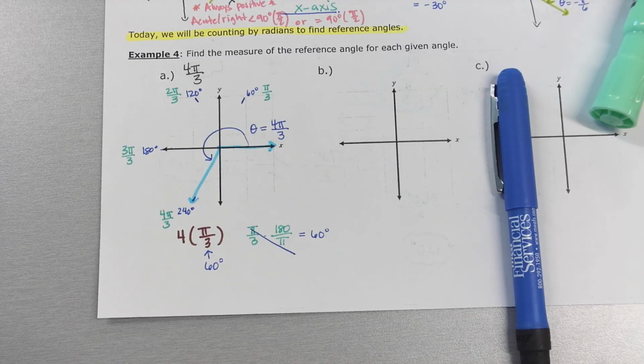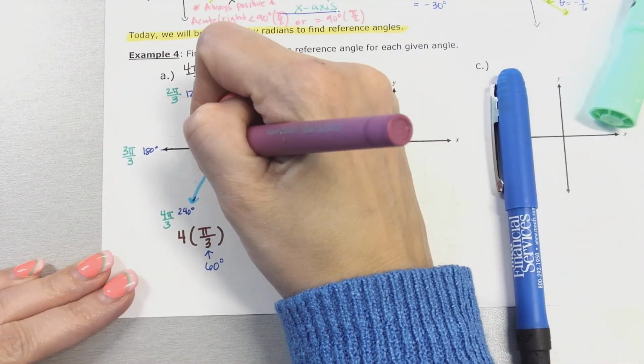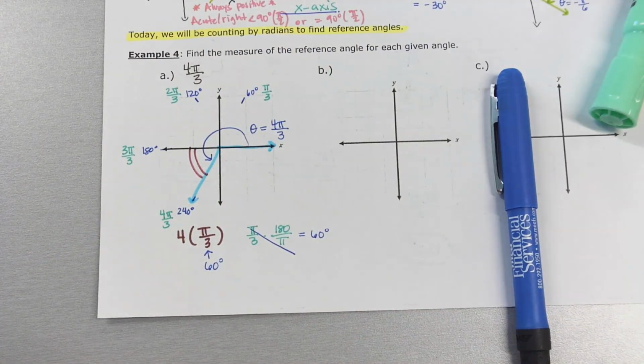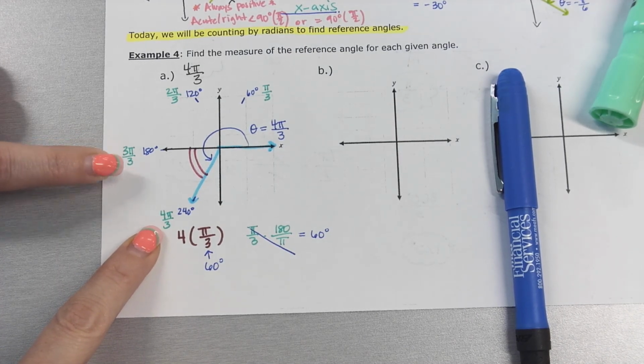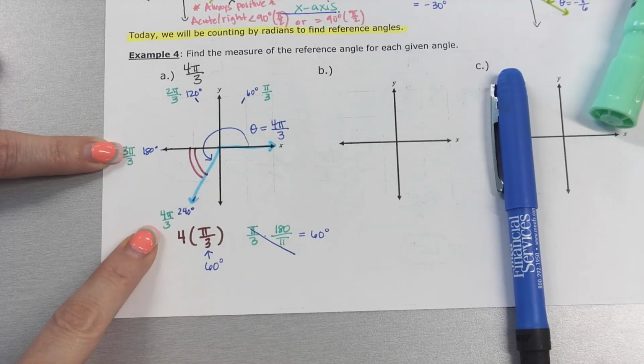Okay, so good. Your guys' pictures look good. So this was your reference angle. Okay, so can you see that we went from 3 pi over 3 to 4 pi over 3? What's that distance in radians? 3 pi over 3 to 4 pi over 3. What is it? Pi over 3. That's your reference angle.